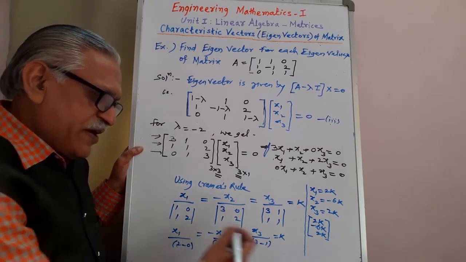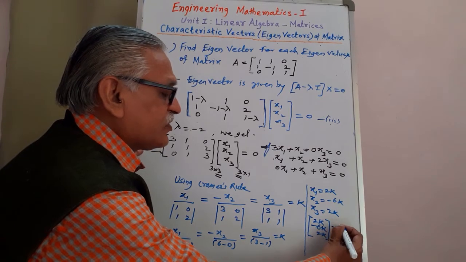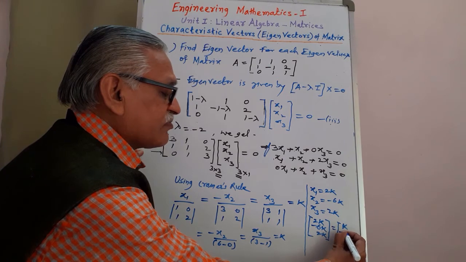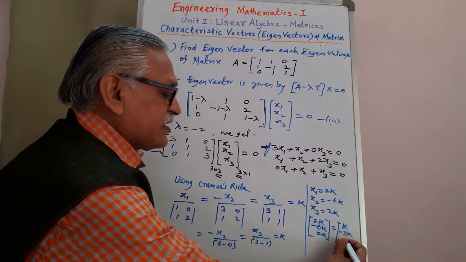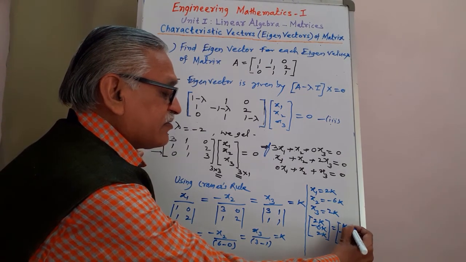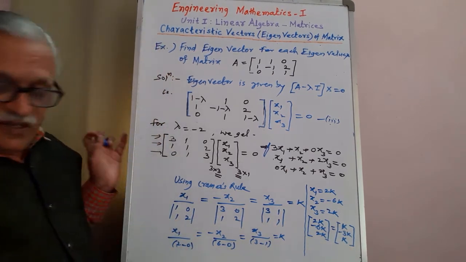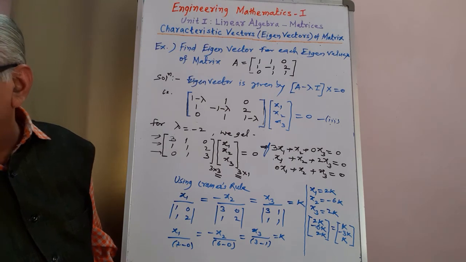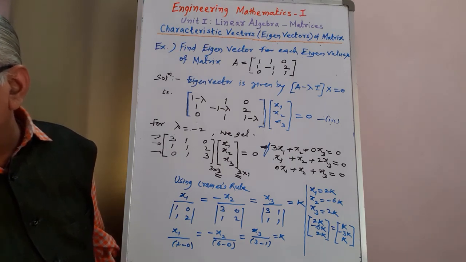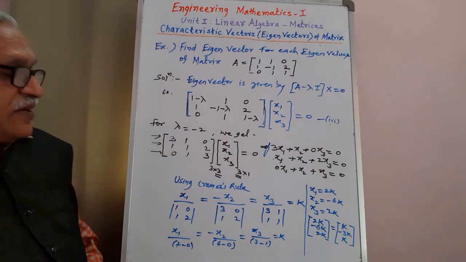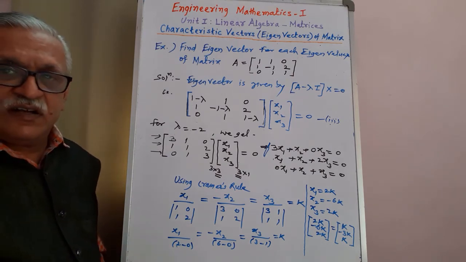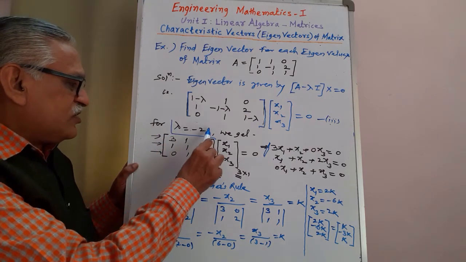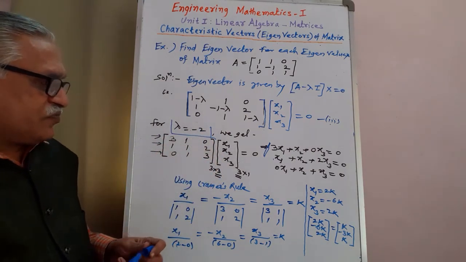Dividing through by 2, that vector is k, minus 3k and k, as the eigenvector corresponding to the first eigenvalue lambda equals minus 2.